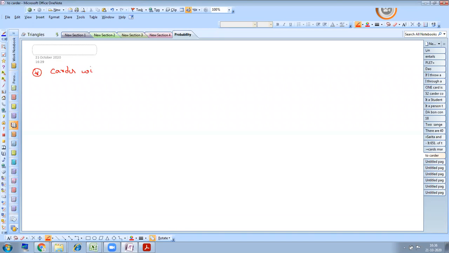Cards with numbers 2 to 101 are placed in a box. A card is selected at random.